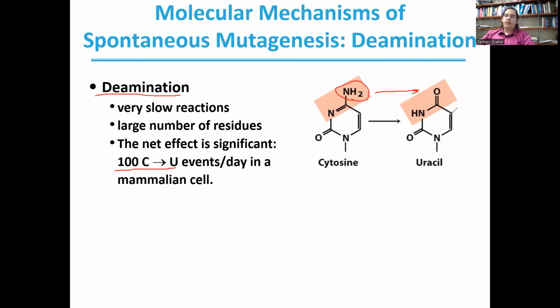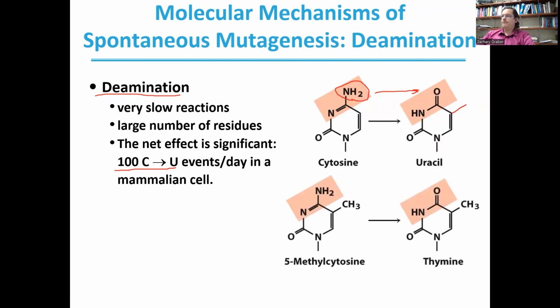However, our thymine has an extra methyl group over here on the right-hand side. So if we convert from cytosine to uracil, we can immediately recognize that that uracil is not a normal part of our DNA, and we can then act to correct this mutation caused by our deamination. If instead we had methylcytosine being deaminated to thymine, there we have more of a concern, because now we can't tell that thymine apart from other natural thymine within our DNA.